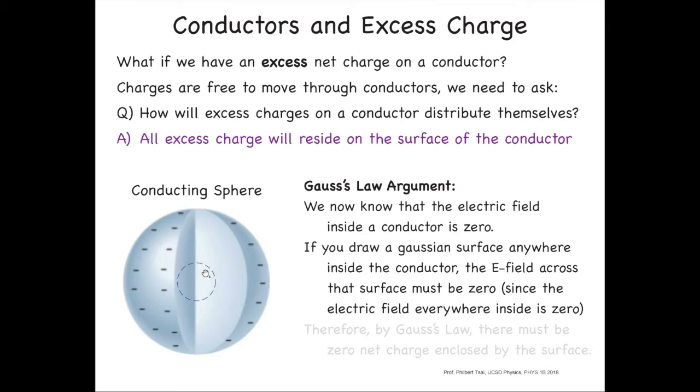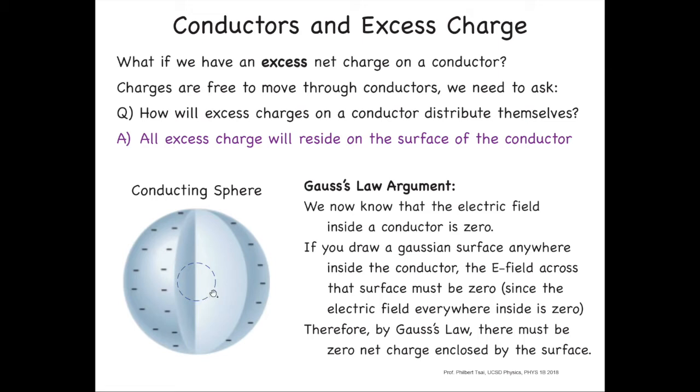So when we sum up all the E fields crossing the surface to figure out the flux, the flux has to be zero, right? Because if the E field is zero everywhere, then you sum it up across all areas to get the flux, and the flux must be zero. Well, Gauss's law states that the flux through any surface is equal to the charge enclosed by that surface, right?